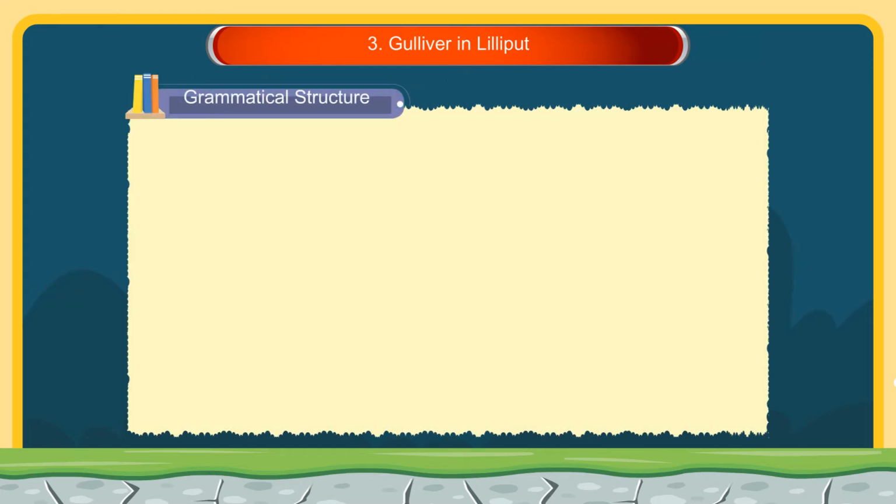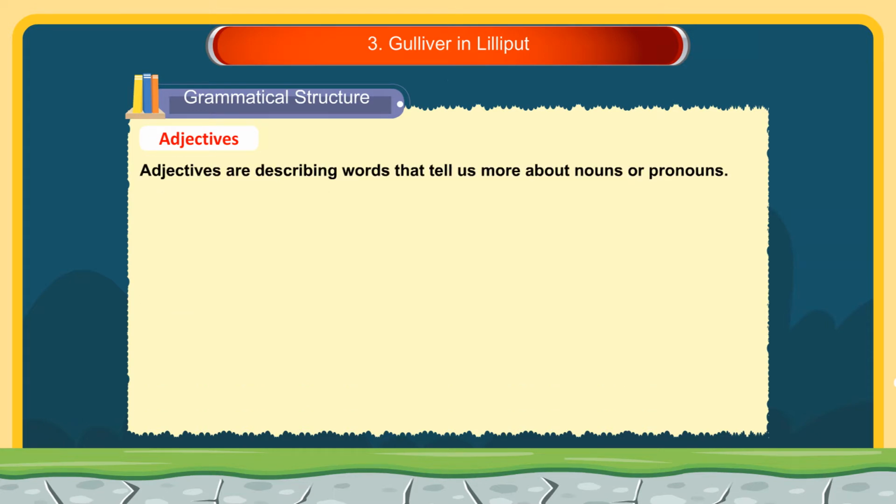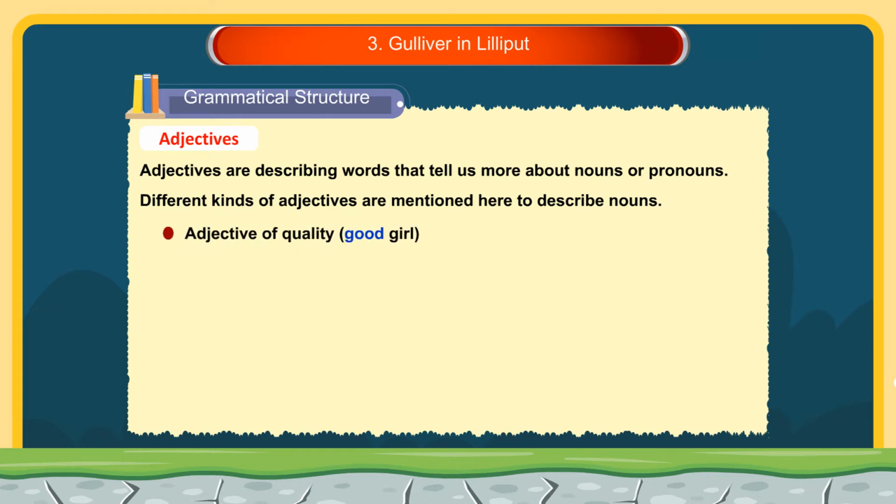Grammatical structure. Adjectives. Adjectives are describing words that tell us more about nouns or pronouns. Different kinds of adjectives are mentioned here to describe nouns. Adjective of quality: good girl.